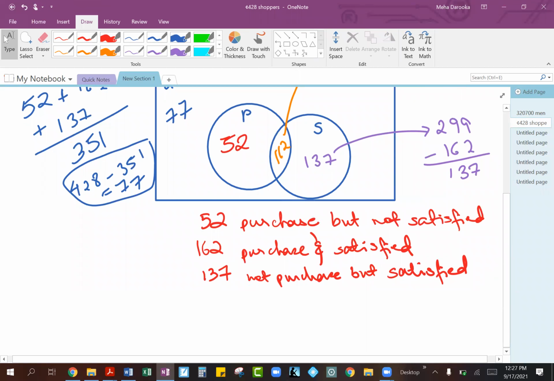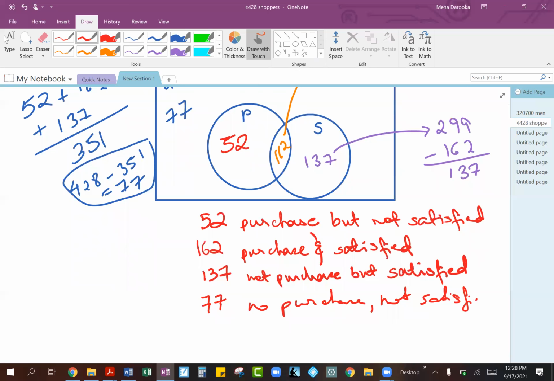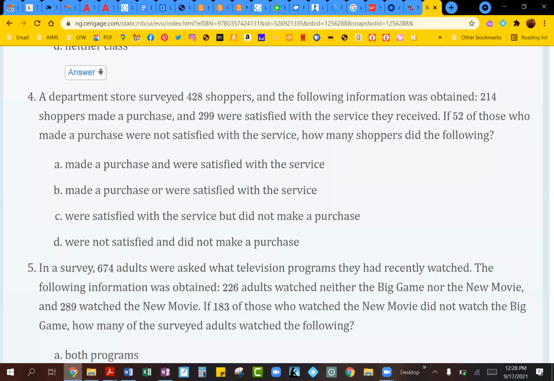And then the last number is 77, which is on the outside. Oh, come on, you are working right now. Okay, 77 on the outside represent no purchase and not satisfied. Sorry, again, that last part was my finger because my pen stopped working.